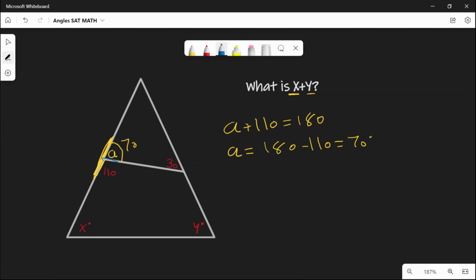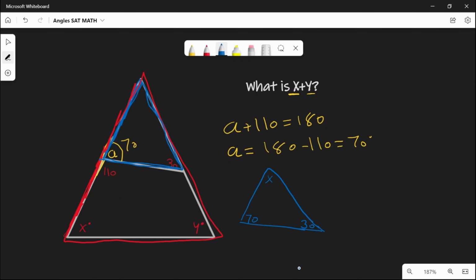Now you should notice that you can come out with two different triangles from this shape. First triangle is the one in blue. So the triangle in blue is something like this, right? We know that this angle is equal to 30, and we have another angle that's 70, but we don't know this angle.